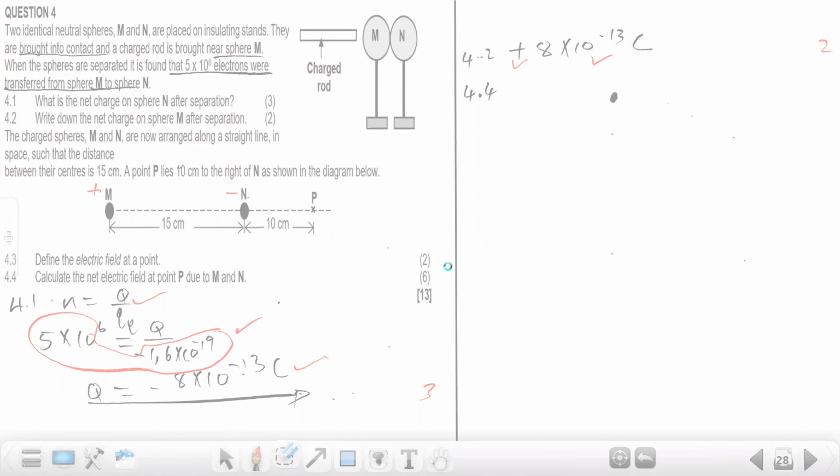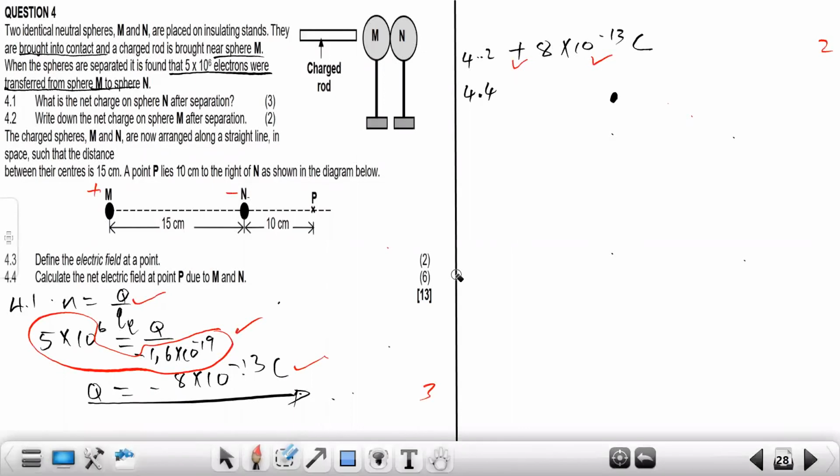And because M is positive, between M and P I am going to have repulsion. And now confirm and check the distance. The distance between M and P is 25 centimeters. The distance between N and P is 10 centimeters.